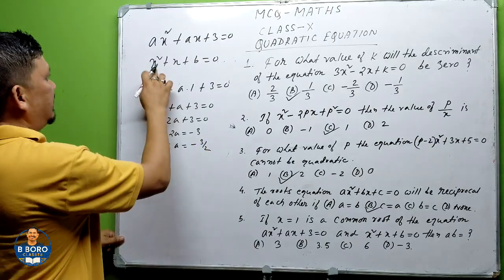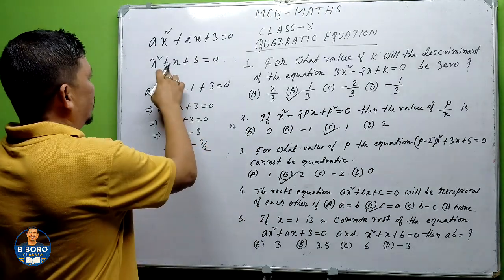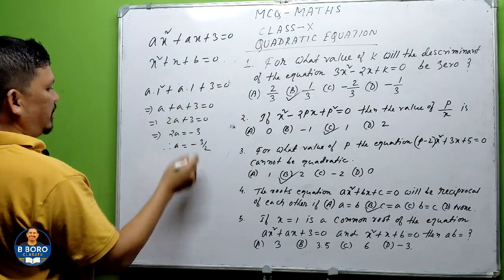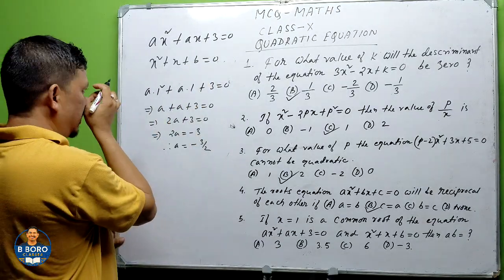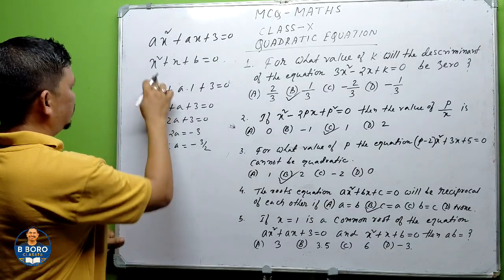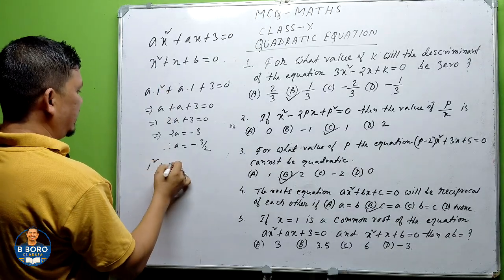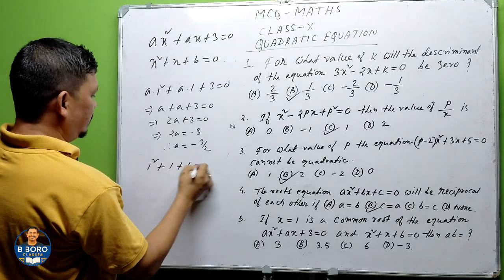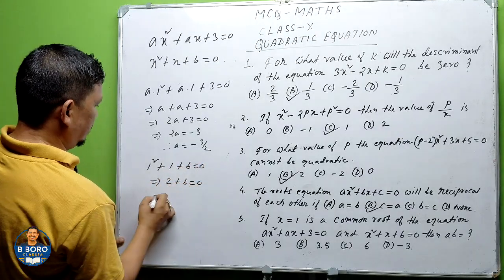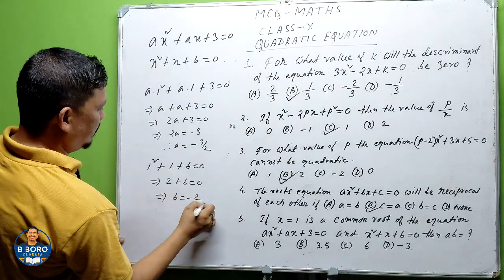Similarly, x equal to 1 is also a root of x square plus x plus b equal to 0, so x equal to 1 also satisfies equation number 2. In equation 2, instead of x we substitute 1: 1 square plus 1 plus b equal to 0. So 1 plus 1, 2 plus b equal to 0, so b equals minus 2.